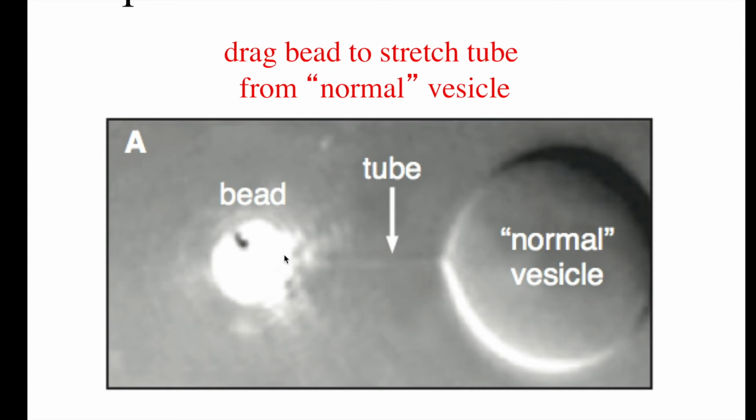This is a fluorescent bead that has a membrane attached to it, and you can move this fluorescent bead with the laser. The laser actually exerts a force on the bead, and you can get the bead to pull away from a vesicle, and you get a tube formed as a result of pulling that away. So think of this as a balloon, and your fingers are pinching a little piece of the balloon and pulling that away.